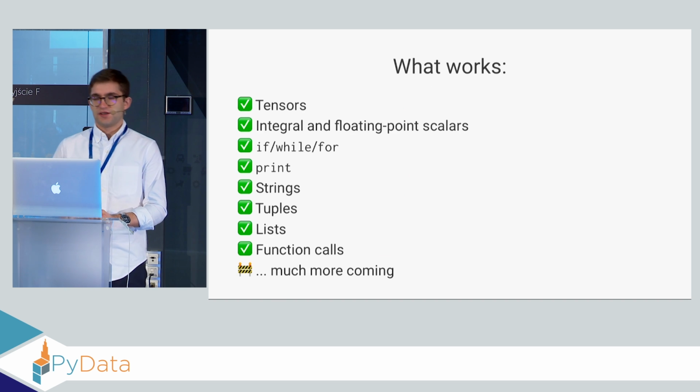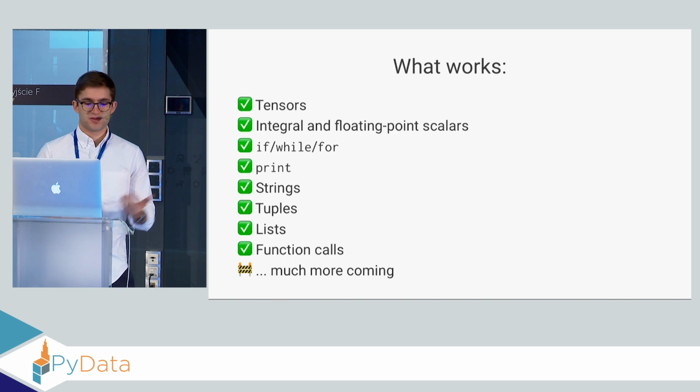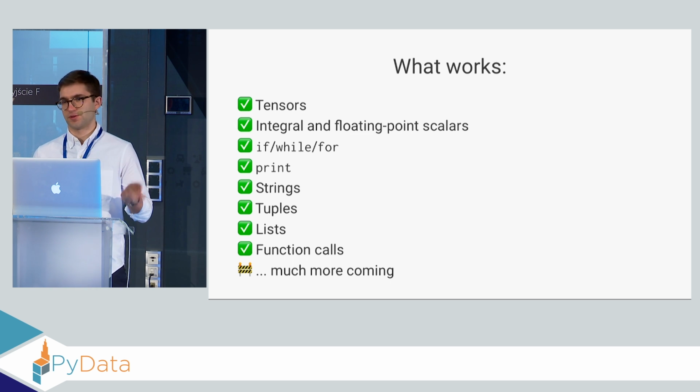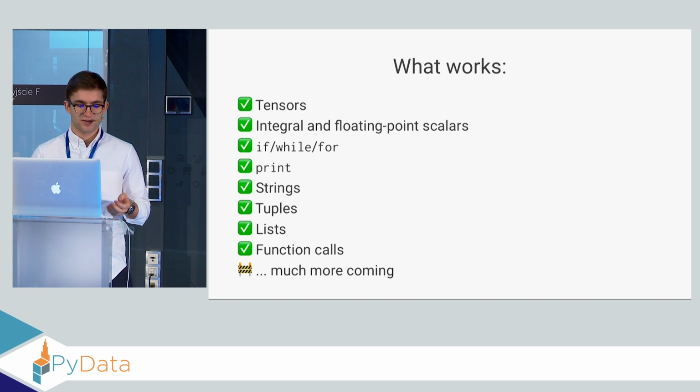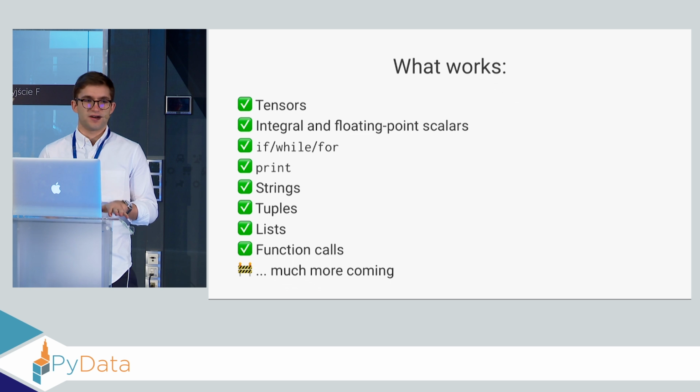So just to give you an idea of what works today, those are the things that are supported in script. You can work with tensors, you can work with integral and floating point numbers. There is basic control flow that works. You can print stuff. You can get strings. You have tuples of arbitrary things. You have polymorphic lists, and you have function calls. And that's a very, very restrictive subset, as I mentioned.